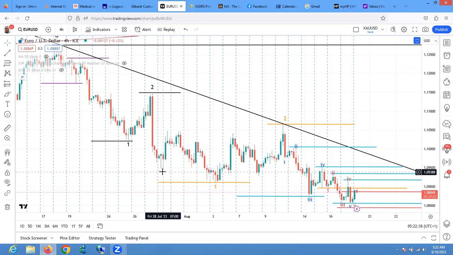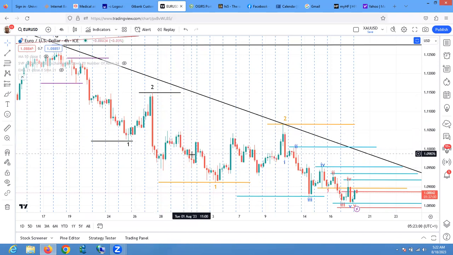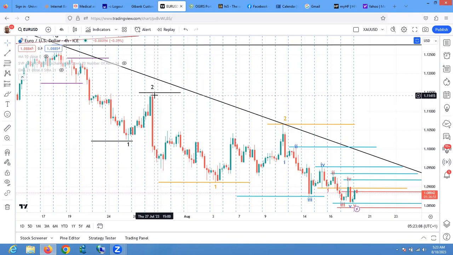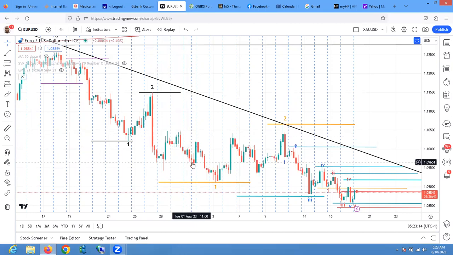Now we see more like a 3-wave structure to the upside as 1, 2, 3, to really form a 2 to this, because this completes a 1 and a 2. Then this may have given us a structure of a 3, a 4, and to finish a 5 here. This kind of ran in an ending diagonal to this wave to completely finish this one, probably to finish it as an ending diagonal here.